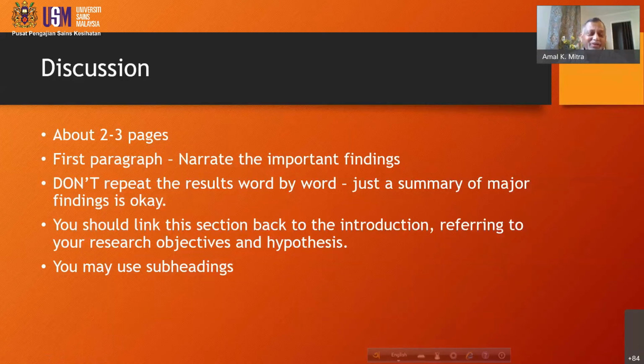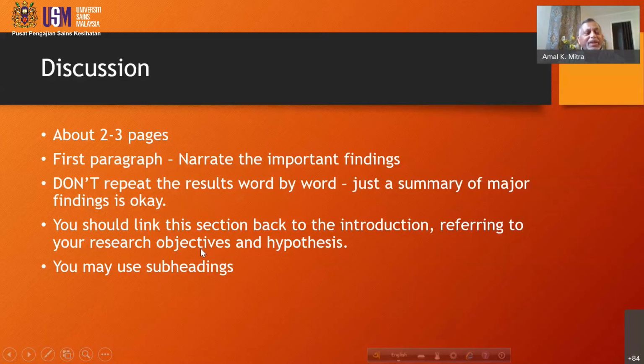That's okay. You can do another study to do it. Not necessarily you have to say our hypothesis 1 was proven, hypothesis 2 was proven, hypothesis 3 was not proven. You don't have to say that, but technically what I'm trying to tell you, refer to your original research objective that you mentioned in the introduction.